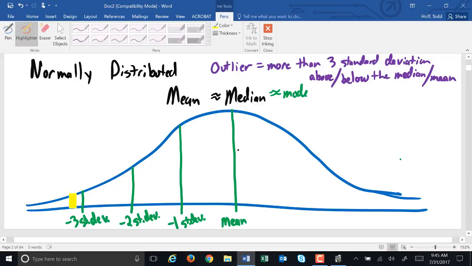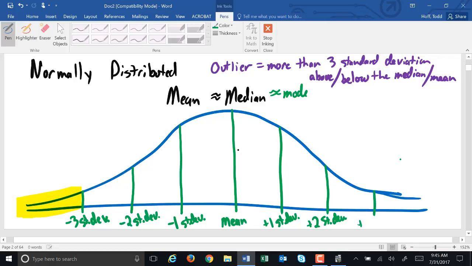Anything below this value here would be an outlier. And I can go the other direction. I can go +1 standard deviation. I can go another one, so I'm at +2 standard deviations. And another one, so I'm at +3 standard deviations. Anything above that value would be considered an outlier.